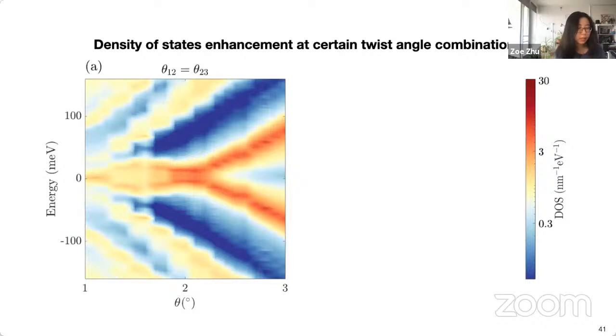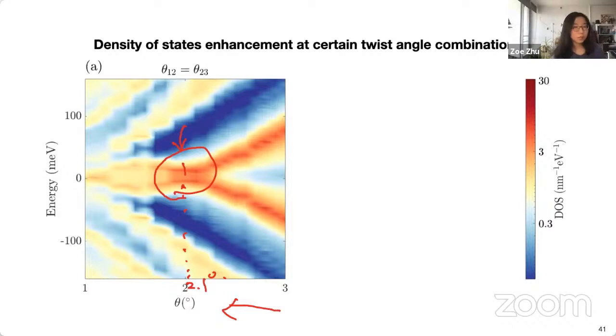And we see that as we decrease the twist angle from large to small, the two Van Hove singularities approach each other, and the separation between them reaches a minimum at around 2.1 degrees. But in this case, we notice that on this color scale, even though the separation is reduced, the magnitude of the Van Hove singularity peaks is basically comparable to the large twist angles.